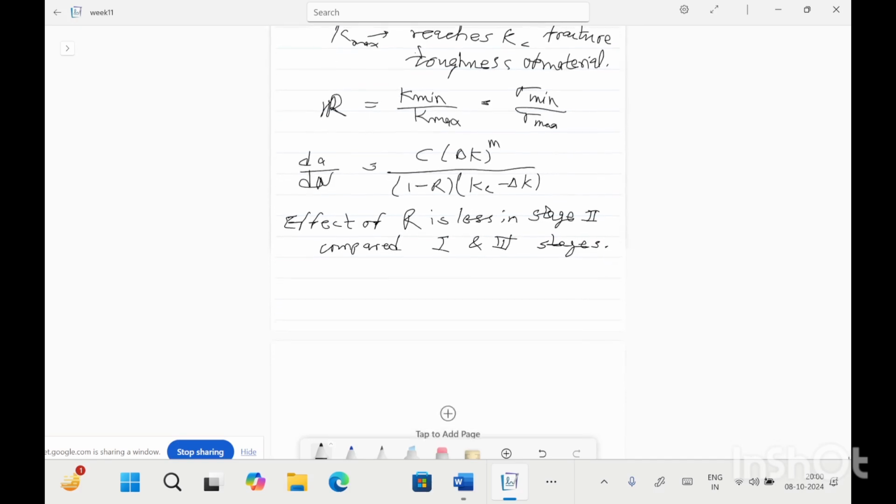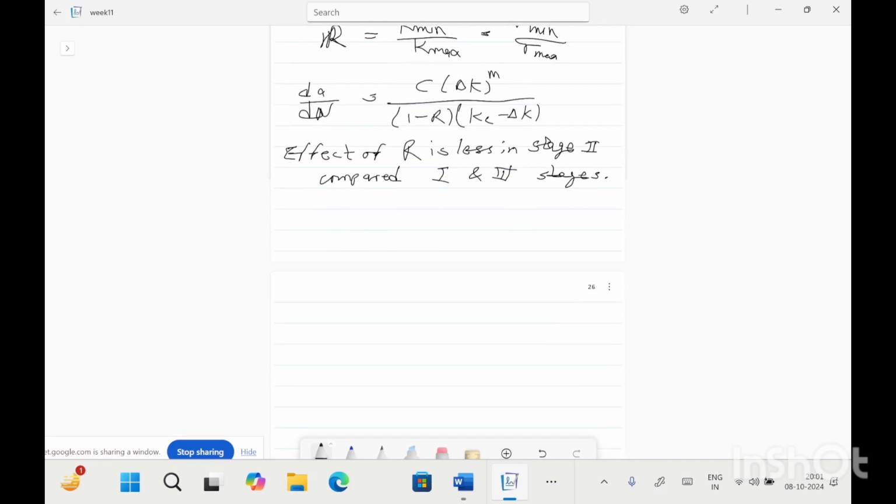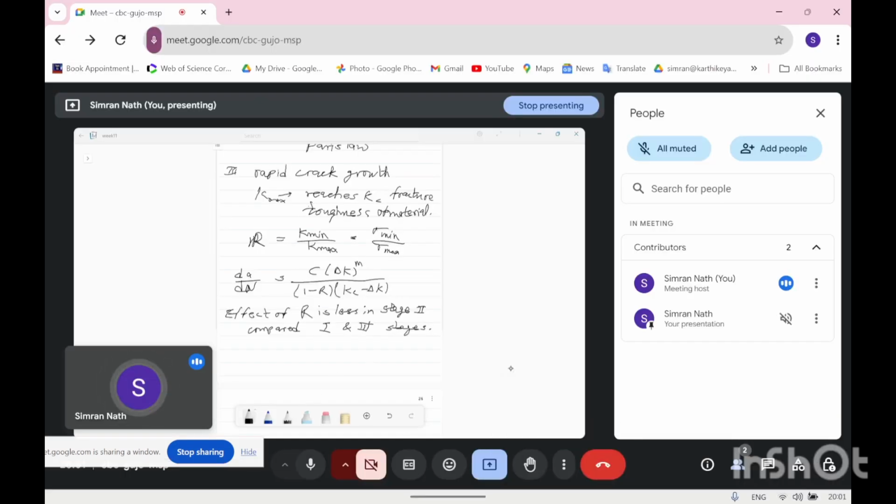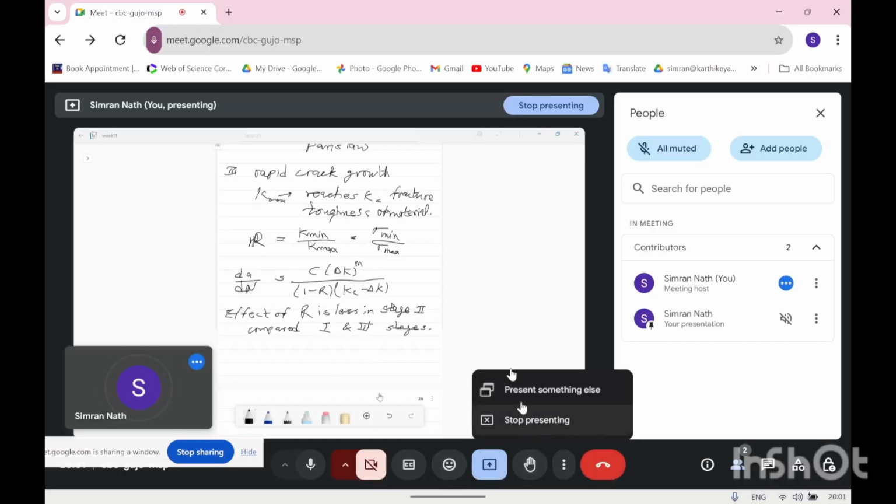This is how the fatigue behavior in aluminum alloys is explained. Now we will discuss the assignment questions.